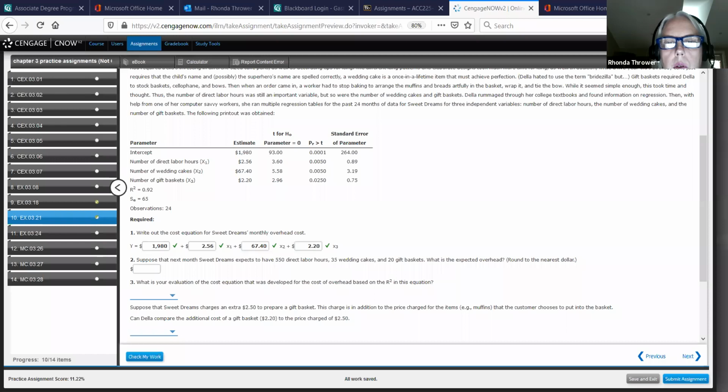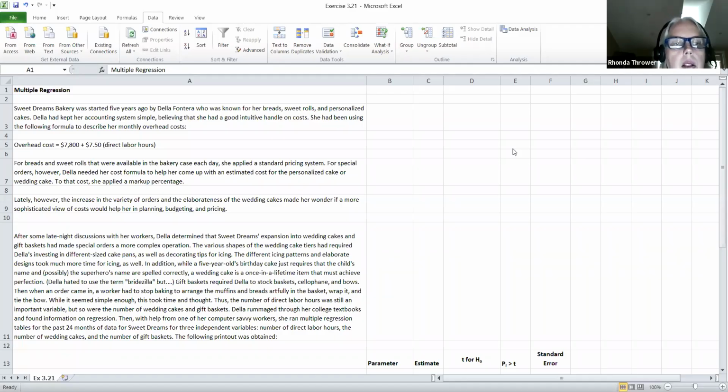I'm going to look for my Excel spreadsheet, and I will share this with you. So now you should be able to see the exercise 321.